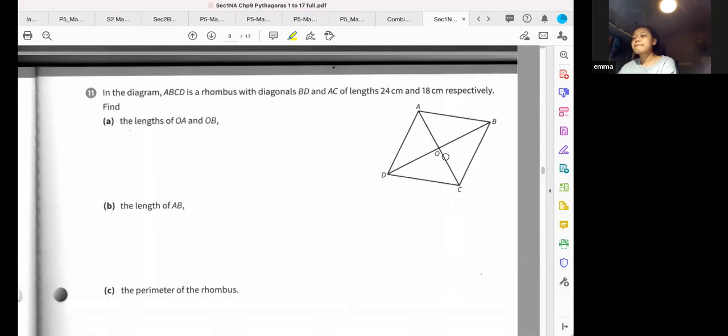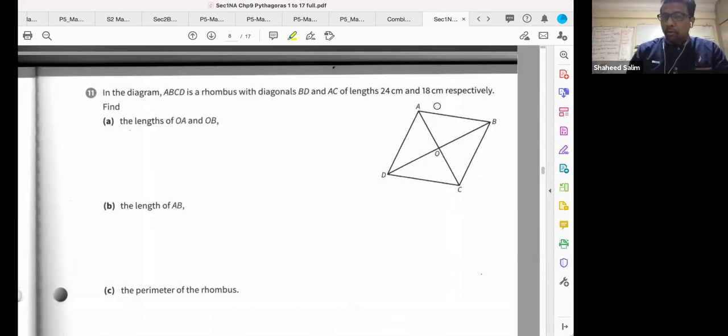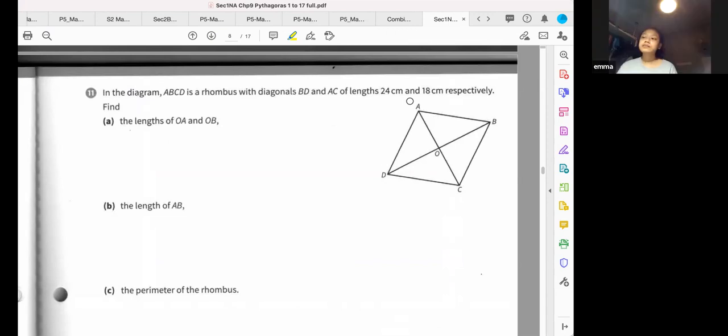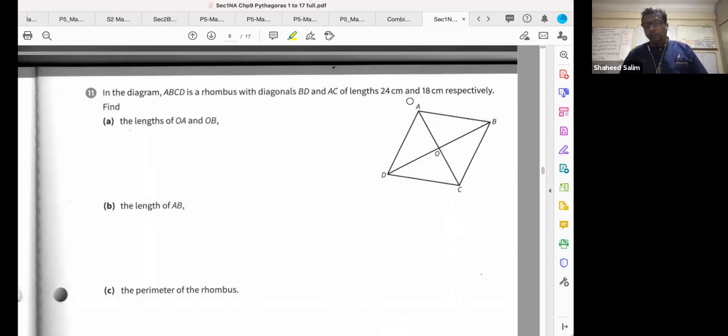Only for a rhombus and not for all parallelograms. Only rhombus. A rhombus is what? All four sides are the same. A square is also a rhombus. Yes, it is. Are you okay? The lengths OA and OB.